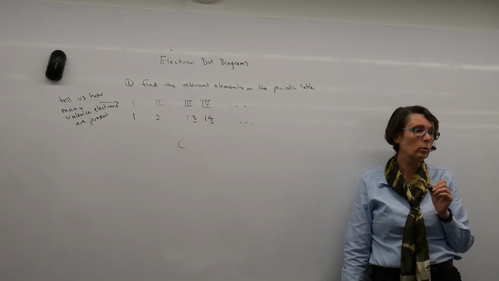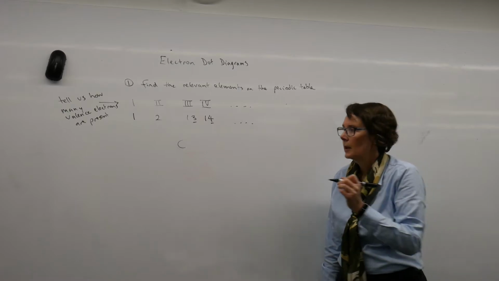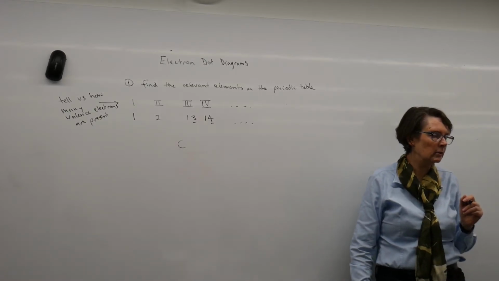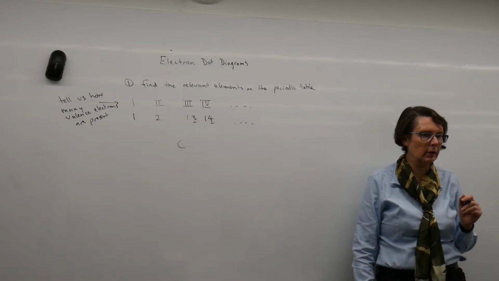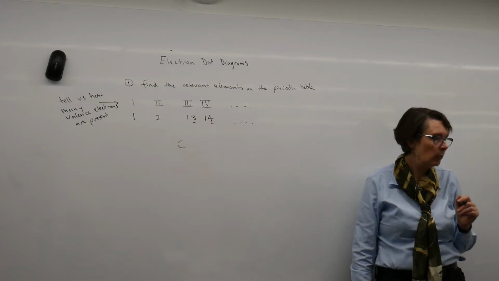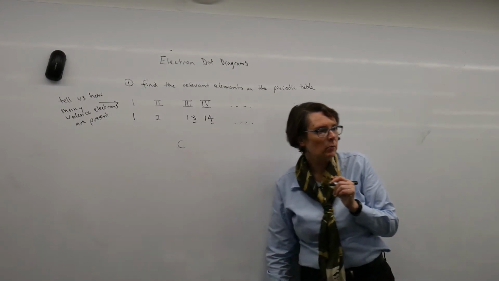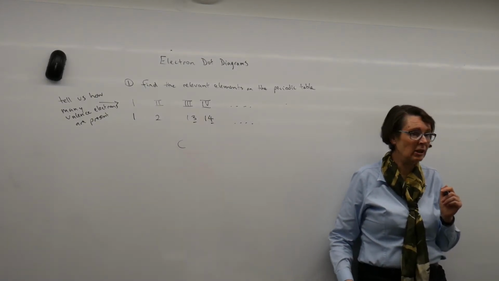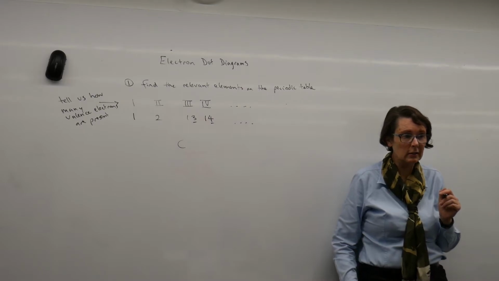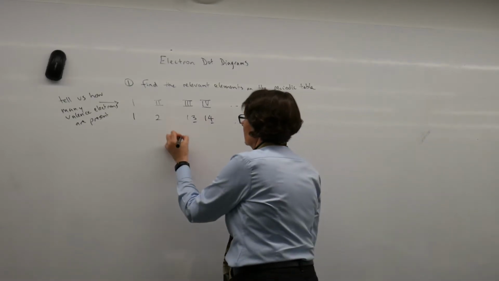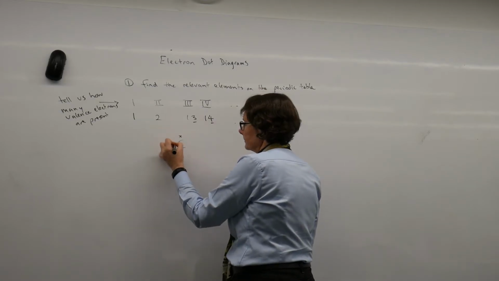Yep, okay, you're all speaking very quietly. So how many bonds does that mean that carbon needs to make to achieve noble gas stability? 4 bonds, yep. And if it was bonding with hydrogen, how many hydrogens would it need? 4 hydrogens, if they were all single bonds.